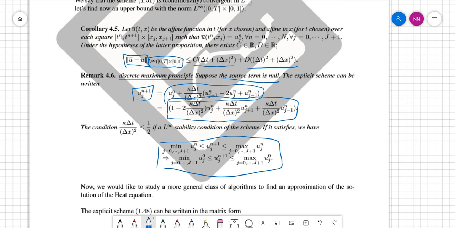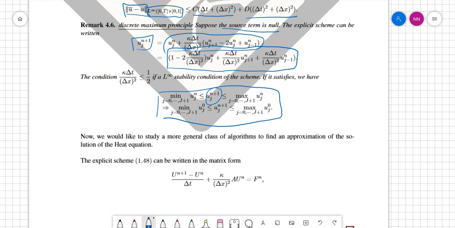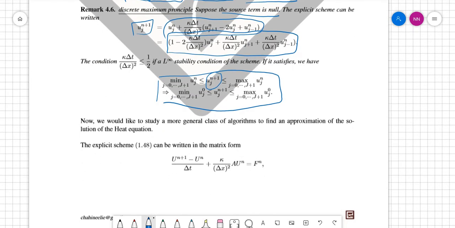If these coefficients are all between 0 and 1, which is the case under the CFL condition, then we can say that u_j^{n+1} is always bounded by the minimal value and the maximal value of the step in time before, which is t equal to n. This is what we call the discrete maximum principle. I will stop here, and I will continue the remaining part in the next video.